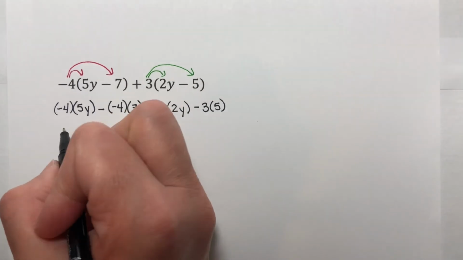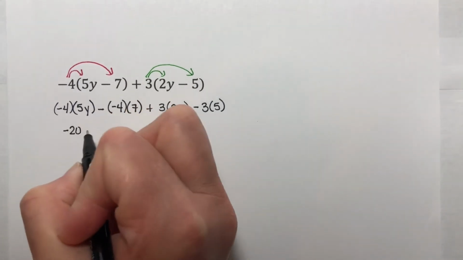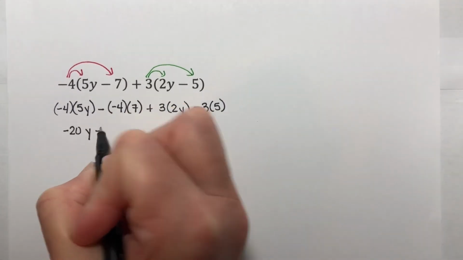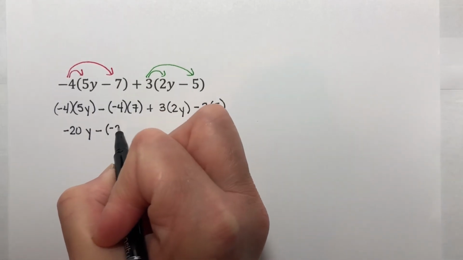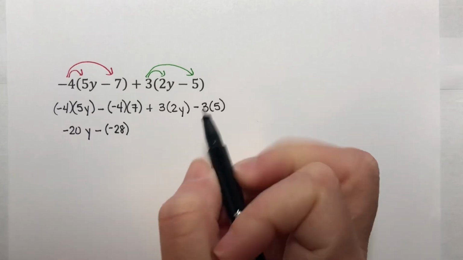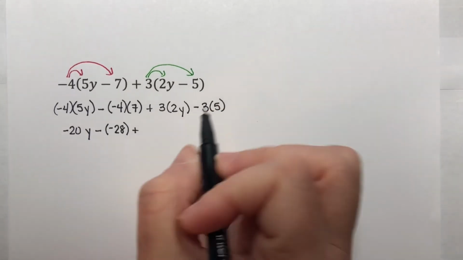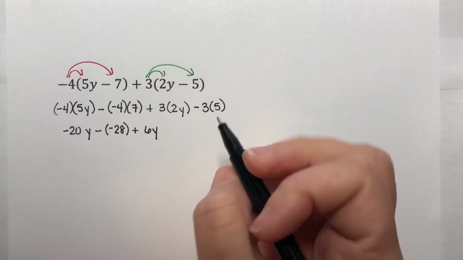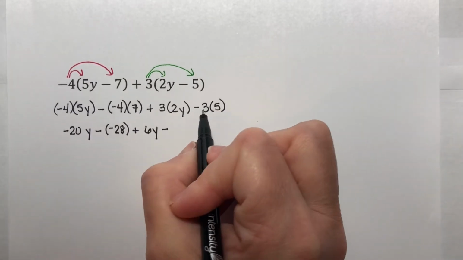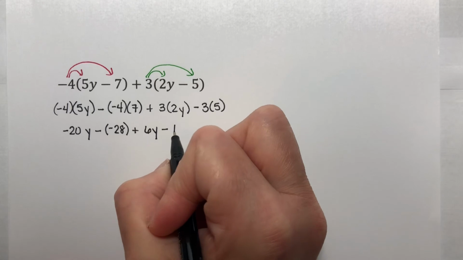Negative 4 times 5 will be negative 20y minus negative 4 times 7 is negative 28 plus 3 times 2 would be 6, so that's 6y minus 3 times 5 is 15.